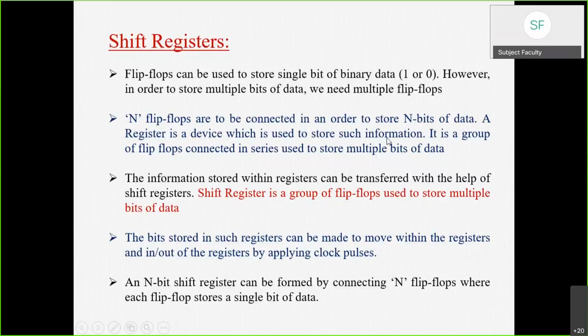What do you mean by register? A register is basically a group of flip-flops connected in series. And why is it used? It is used to store multiple bits of data. So the information stored within a register can be transferred with the help of a shift register.